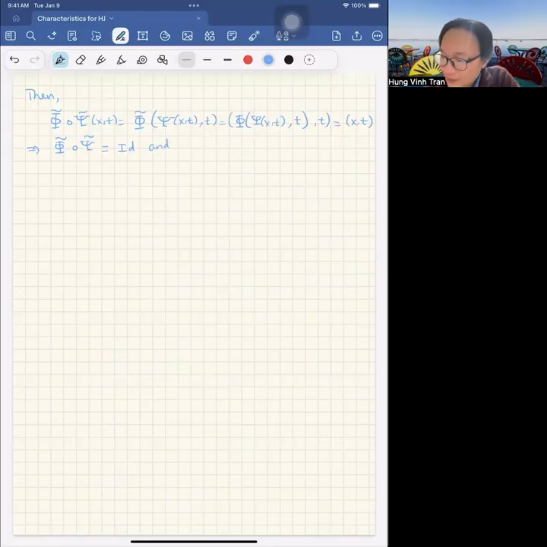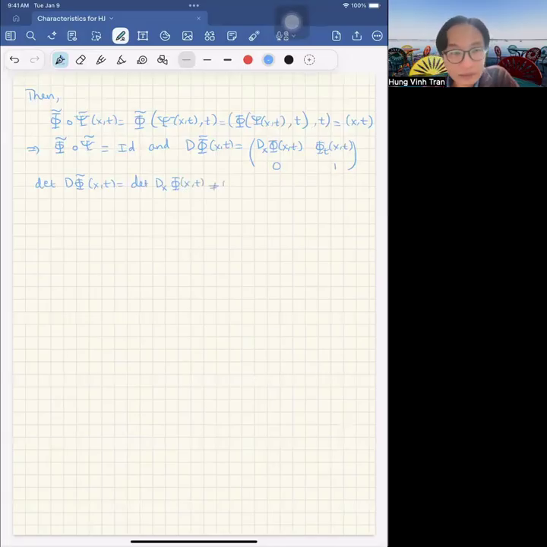And further, I compute that the full gradient of phi tilde at (x,t) would be the matrix with rows D_x phi, phi_t, and then 0, 1. Clearly, if you compute the determinant, D phi tilde of (x,t) is exactly the determinant of D_x phi of (x,t).